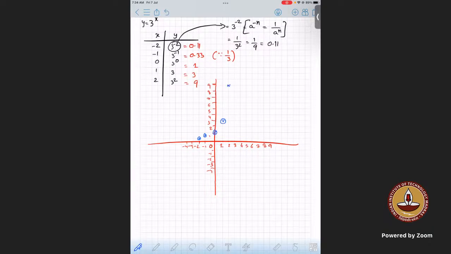Look, the graph goes like this. Agree? Clear?